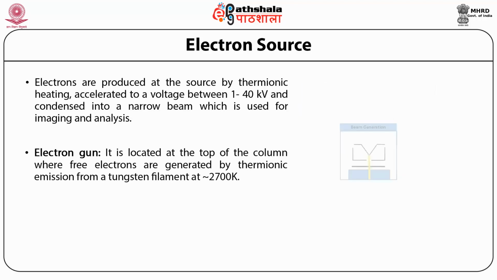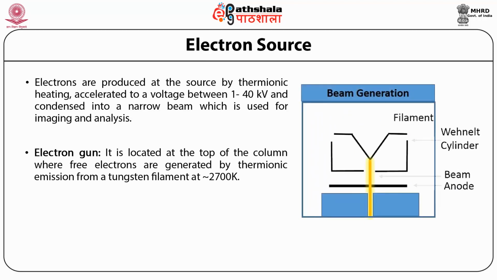Electron gun. It is located at the top of the column, where free electrons are generated by thermionic emission from a tungsten filament at about 2700 K. The filament inside the Wehnelt controls the number of electrons leaving the gun.